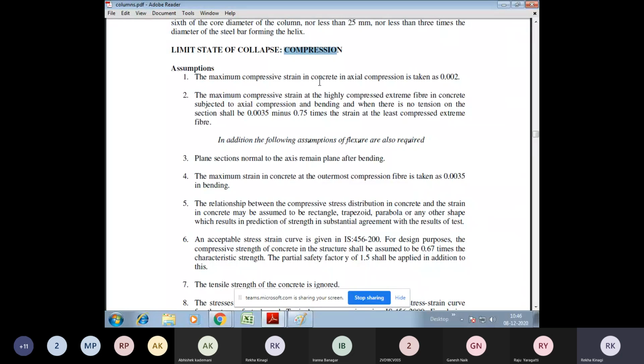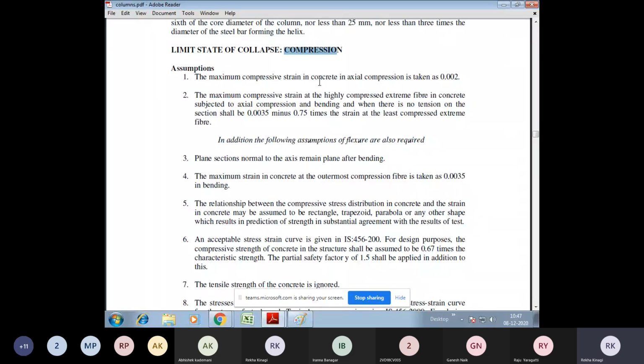And the maximum strain in concrete at the outermost compression fiber is taken as 0.0035, which is same as that of flexure. And the relationship between the compressive stress distribution in concrete and strain in concrete may be assumed to be rectangular, trapezoidal, parabola, or any other shape which results in prediction of strength in substantial agreement with the results of the test.